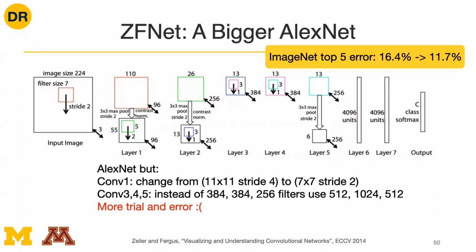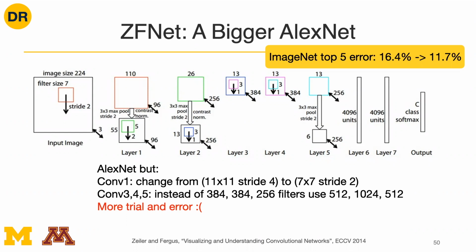For instance, in the first convolution layer, they changed from 11 cross 11 with stride 4 to 7 cross 7 with stride 2. This does not downsample as much as AlexNet was doing, so you have a much larger receptive field as opposed to AlexNet.